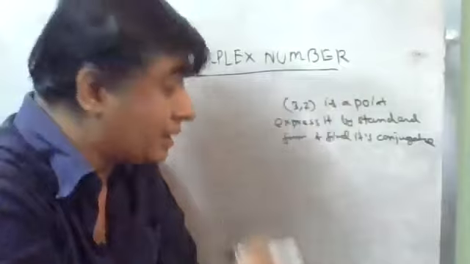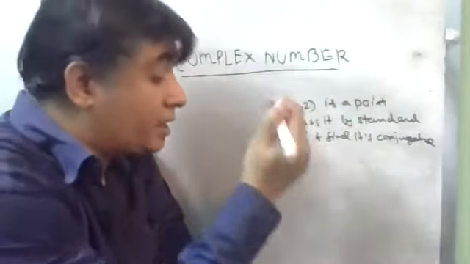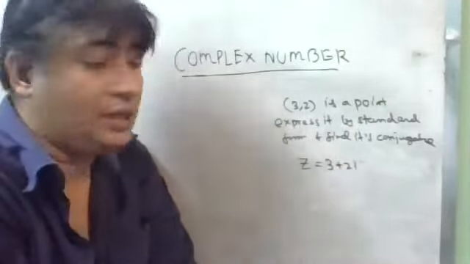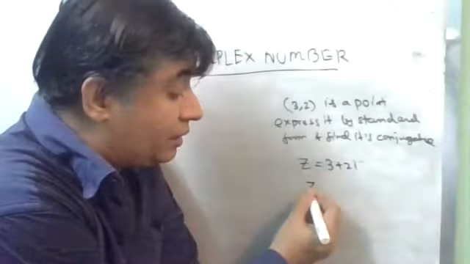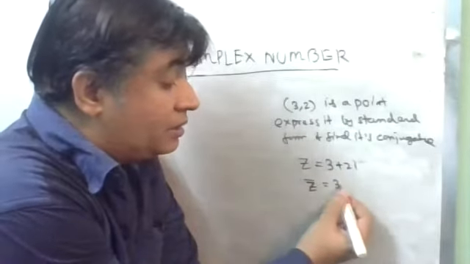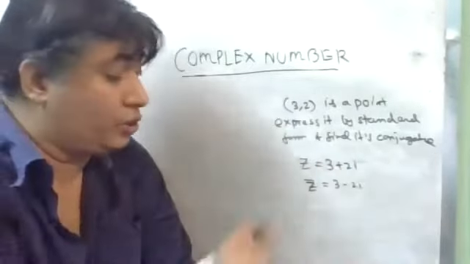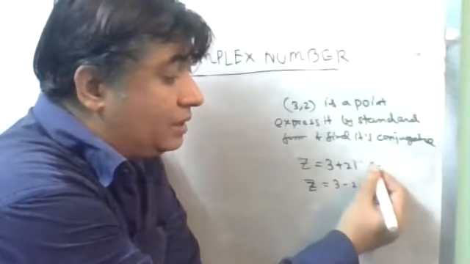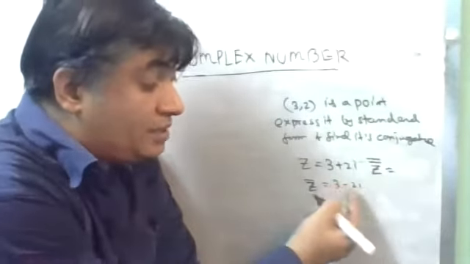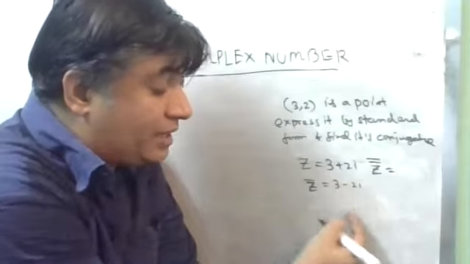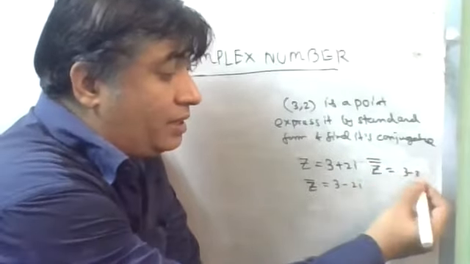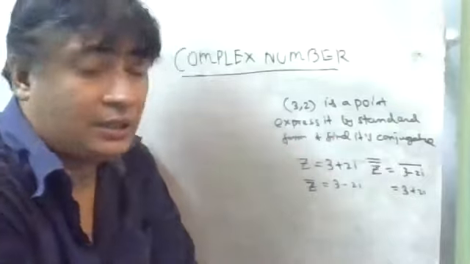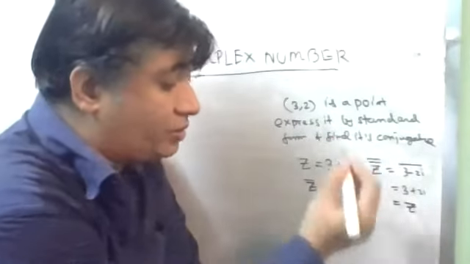Now in the Argand plane, its expression is z equal to 3 plus 2i, and its conjugate z bar is 3 minus 2i. So this is the mirror image of this, and vice versa. If you take the conjugate of 3 minus 2i again, that will give you back 3 plus 2i, which is equal to z.